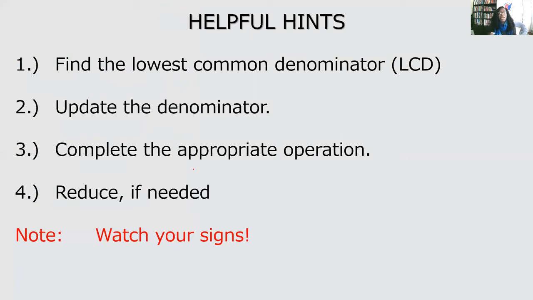But sometimes it's much easier to find what they have in common in its lowest form. Then we update our denominator, just like in the review. We complete whatever the appropriate operation is, addition or subtraction, and then reduce if needed. Here's the key thing: please watch your signs, okay?